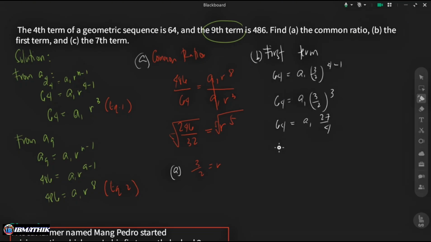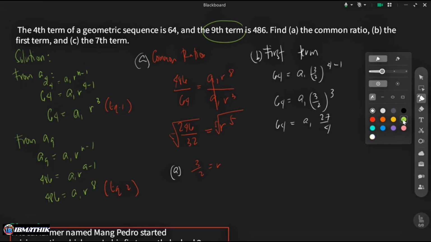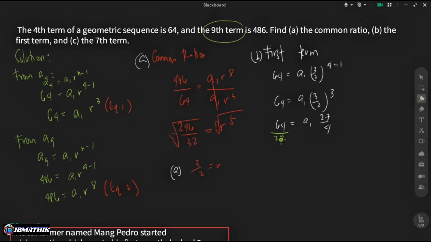In this case, we're going to divide this one by 4. 27, cancel out, so our answer will be 512 all over 27, and this will be your first term.